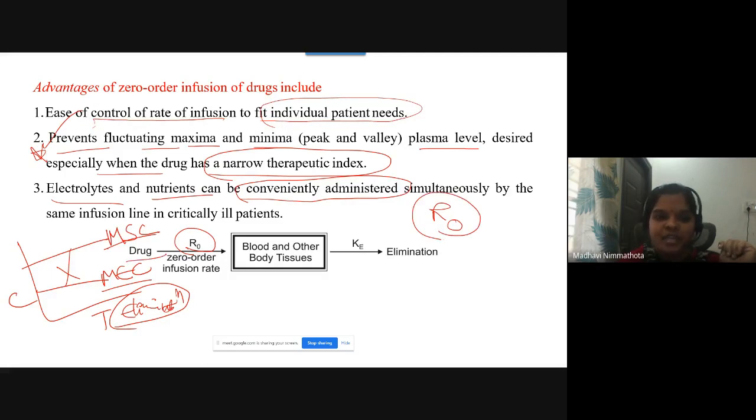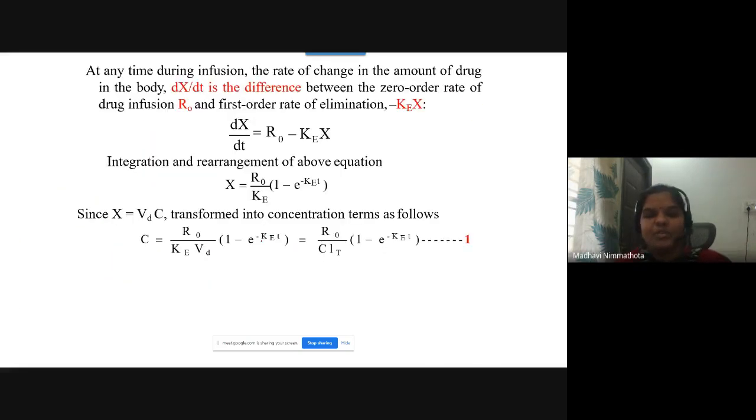See, here is your drug. It will undergo zero order infusion at the rate R0, be transported to blood and other body tissues, and then be eliminated, with elimination constant KE. So this is the major concept of zero order infusion.